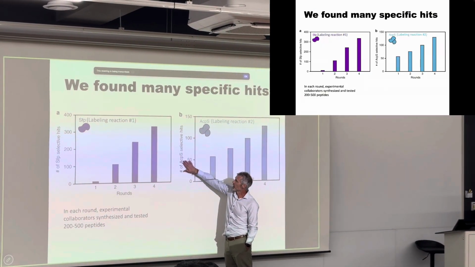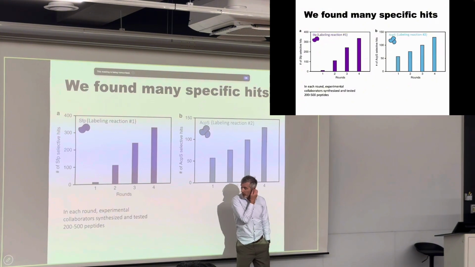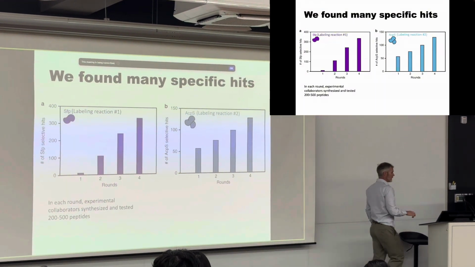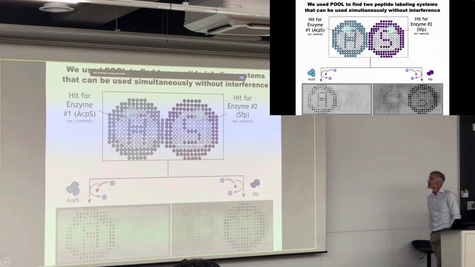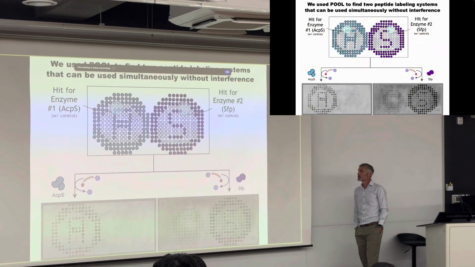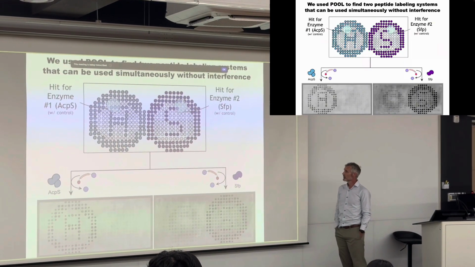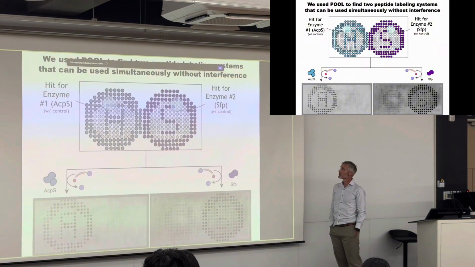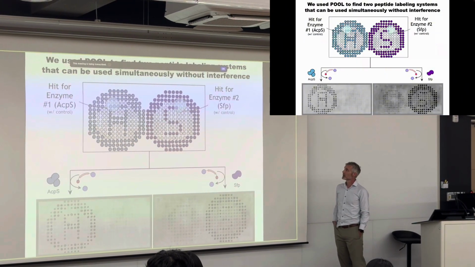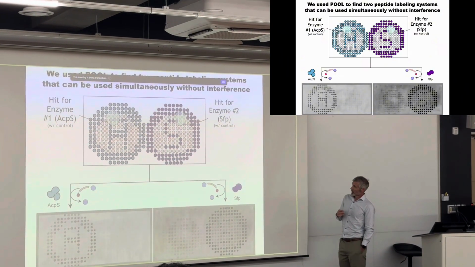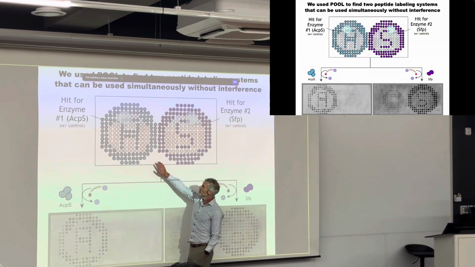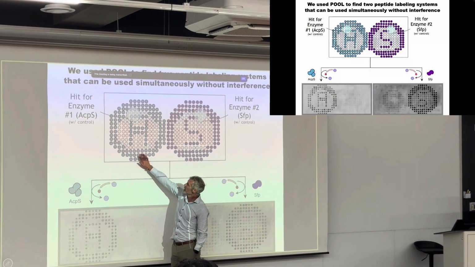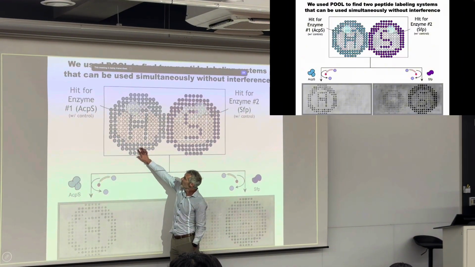This is the name of the enzymes, ACPS and SFP. And then this is a picture of a membrane that was used to demonstrate 2 of the lead selective peptide substrates, where they printed onto a membrane using peptide 1, which is labeled by enzyme 1 and not enzyme 2.